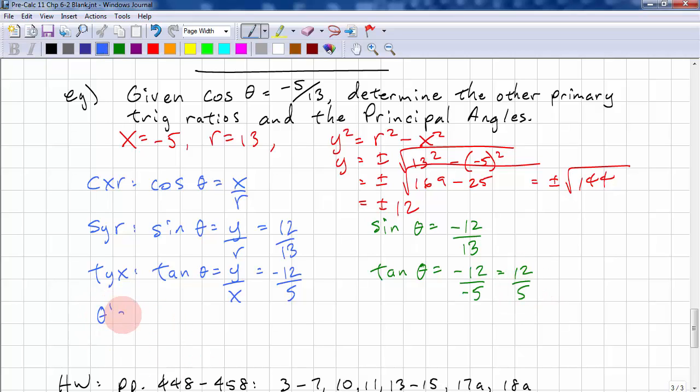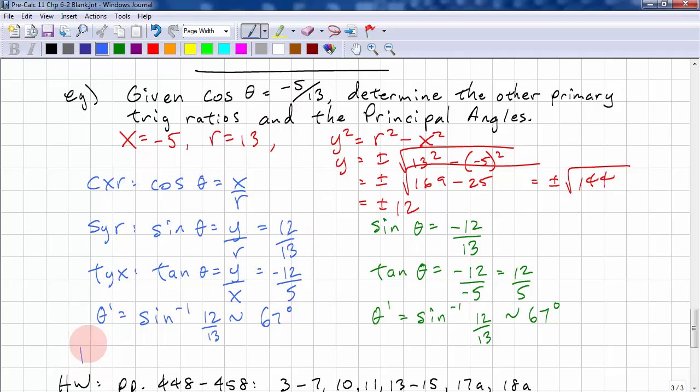And the reference angle is, we can just use sine inverse of 12 over 13, and that's approximately 67 degrees. Over here, we have theta prime equals inverse sine, and we're going to do the absolute value, so that's 12 over 13, and no surprise, we should have 67 degrees also. We have sine positive, cosine negative.